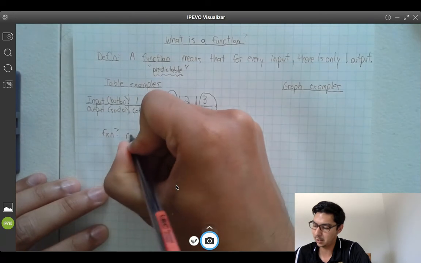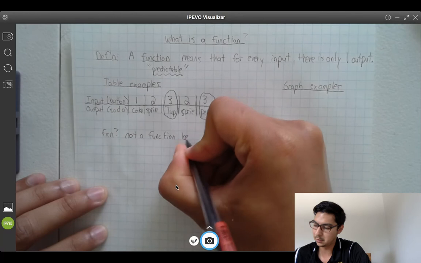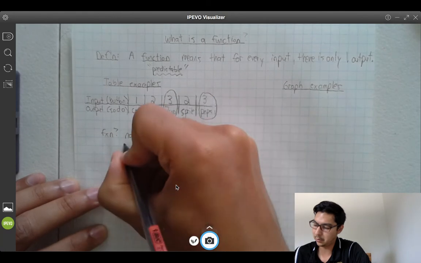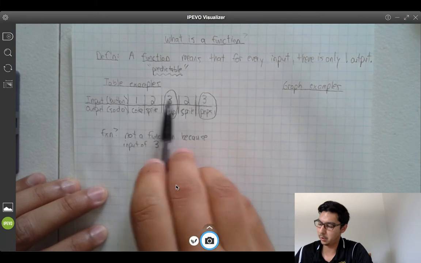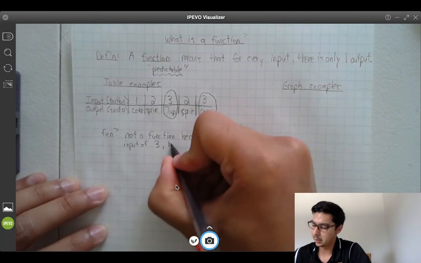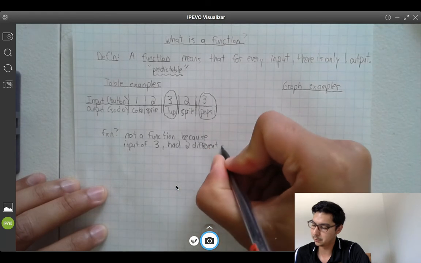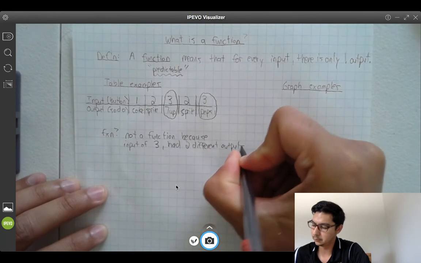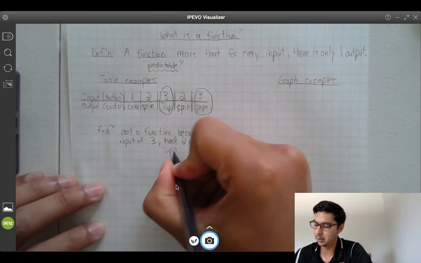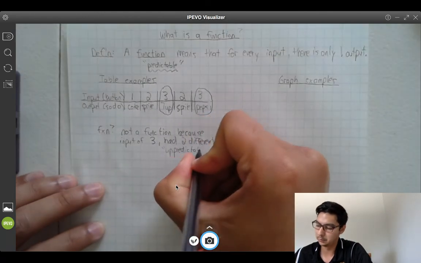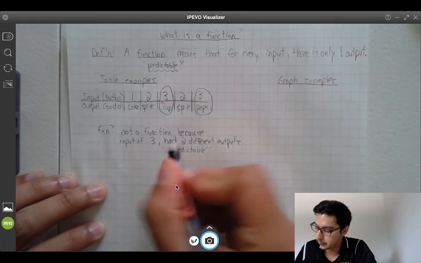So this is not a function because the input of 3, if I hit that button 3, had 2 different outputs. And that's a problem. It's unpredictable. If you hit button 3, you don't really know what's going to come out.